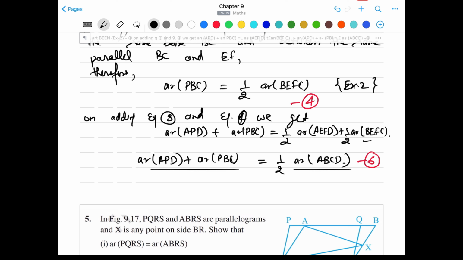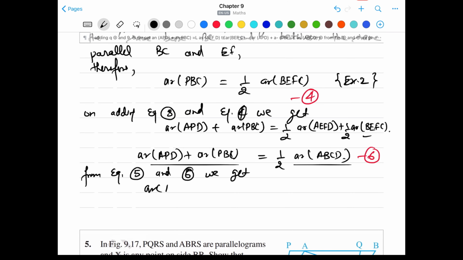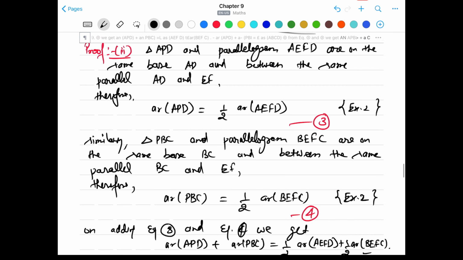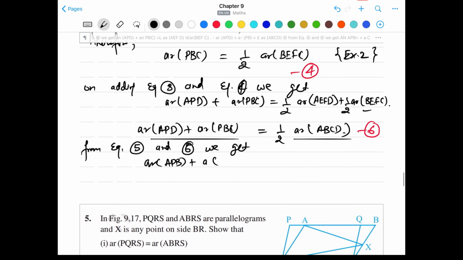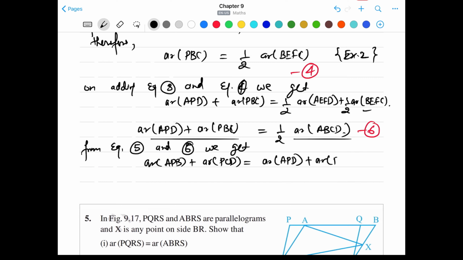Okay, so now from equation 5 and 6 we can write the area of triangle APB plus area of triangle PCD will be equal to the area of triangle APD plus area of triangle PBC.